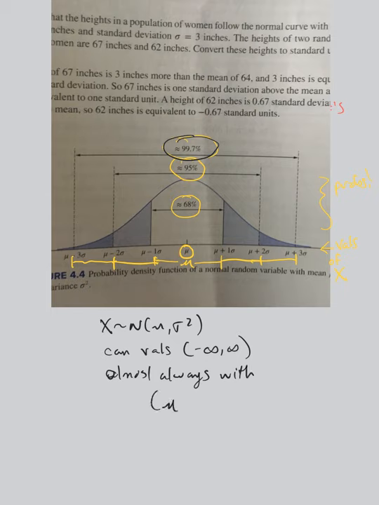So it has this range here from mu minus 3 sigma to mu plus 3 sigma. At least 99.7% of the time it lands within that range. All right. But there is this small theoretical chance that a normal random variable can land outside of that range.